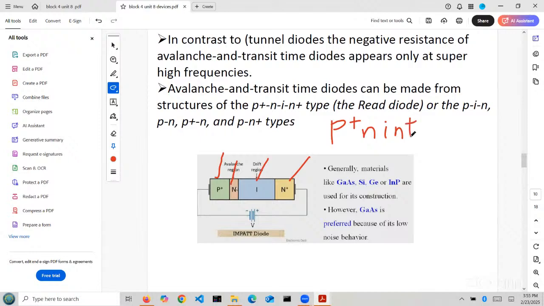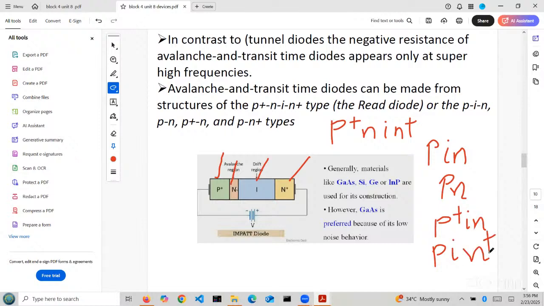In the same way, another combination we have is P, I, N. And some other combination, only P and N. And another, P plus, N minus, where this minus I will take as I. Next, another type, P minus, which means I, N plus.